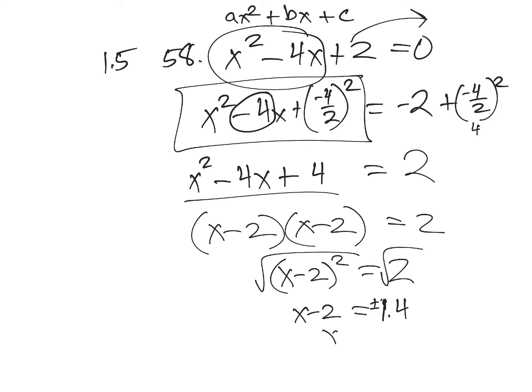So x equals 2 plus or minus 1.4. So your answer is 3.4 or, what's 2 minus 1.4? 0.6. So that would be your solution.